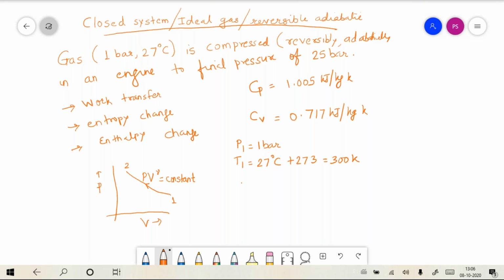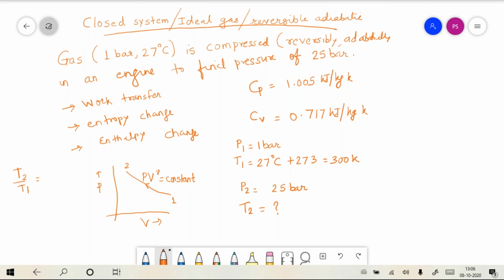How will you calculate the temperature T2? When your process is reversible and adiabatic, we use the relation T2 by T1 is equal to P2 by P1 raised to gamma minus 1 by gamma. How does this relation come?